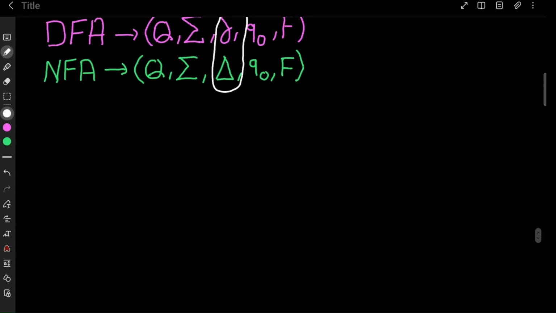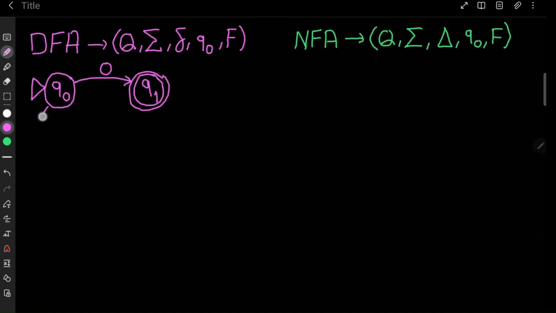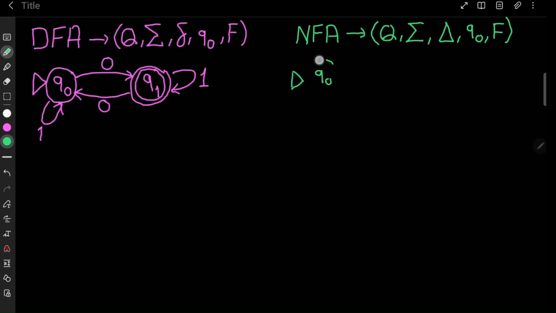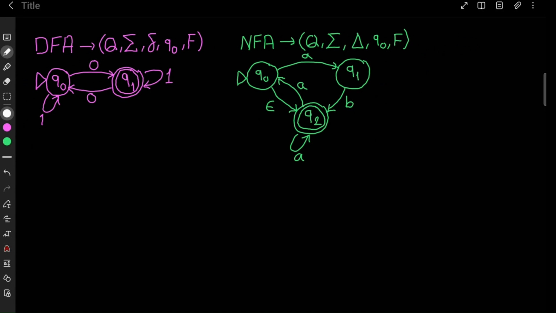Let's try to understand each component with an example. So this is our example. The left one is a DFA and the right one is an NFA. We will find their 5-tuple representations.